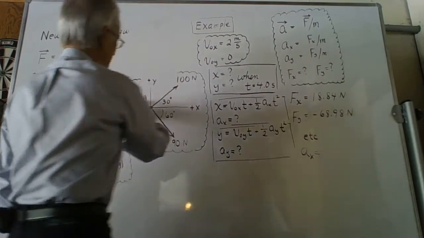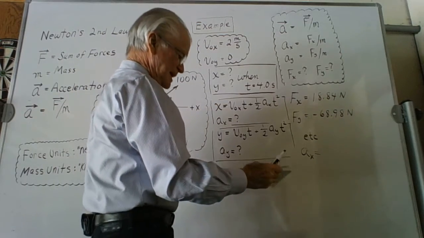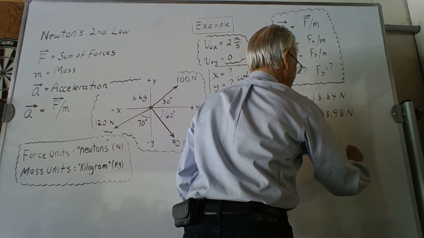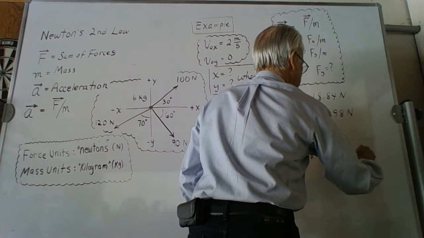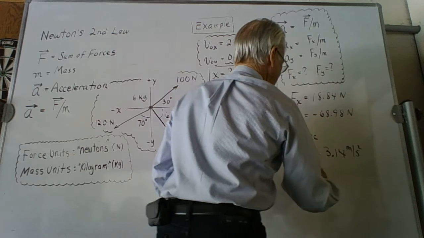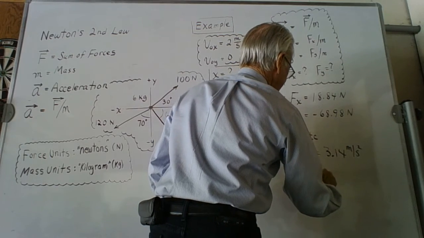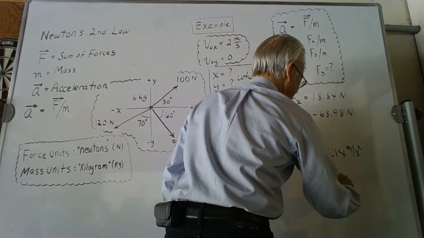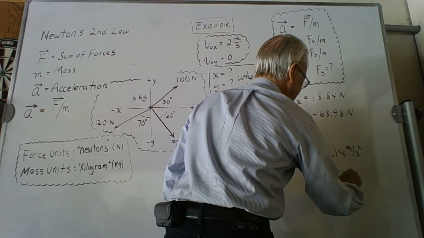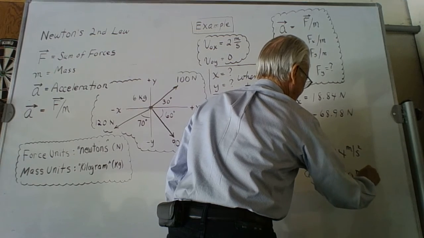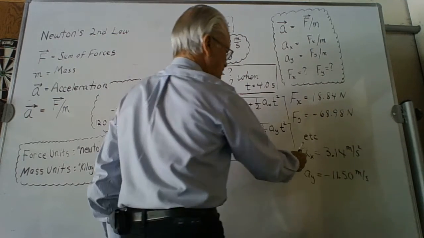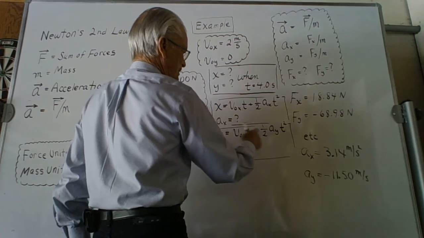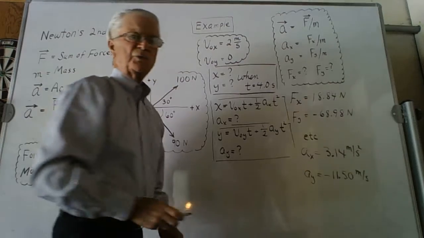But m is 6 kg. And so from that I got 3.14 meters per second squared. And then a sub y, negative 11.5. Now you can take those two numbers and put them here to get x, and there to get y, and you then will be done.